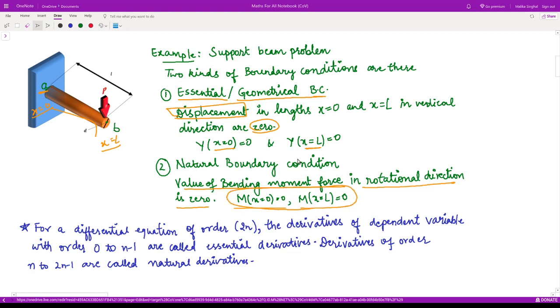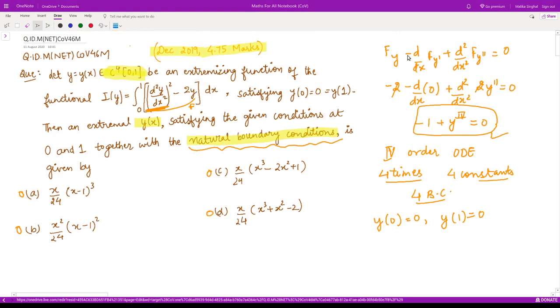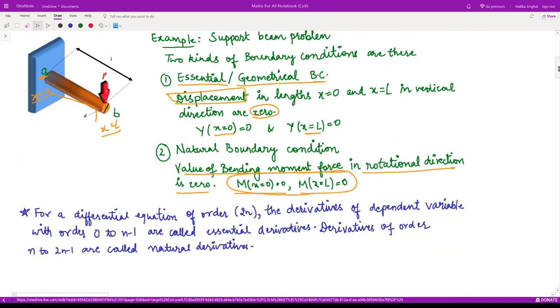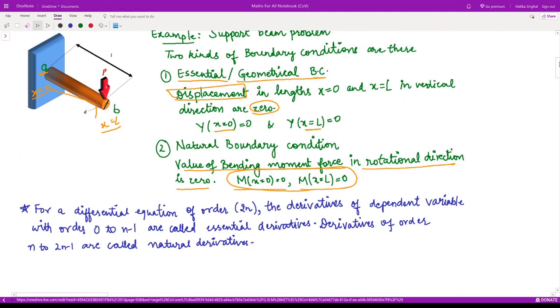So this is the natural boundary condition in this case. Usually this is satisfied by the f given in the question. In certain other situations, we have the essential boundary conditions as the displacement and the natural boundary conditions as the force. So let us see the analogy. For a differential equation of order 2n, the derivatives of the dependent variable with order 0 to n minus 1 are called the essential derivatives, and the associated boundary conditions are called essential boundary conditions.